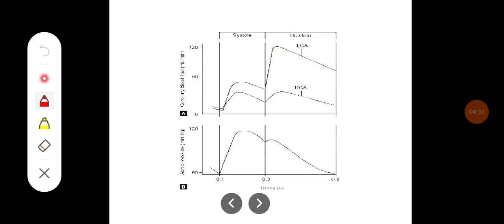This diagram shows how the coronary blood flow in the left and right coronary arteries decreases during systole and increases especially in diastole. In systole, the blood flow is going to decrease, especially in the left coronary artery. It is going to increase during diastole.